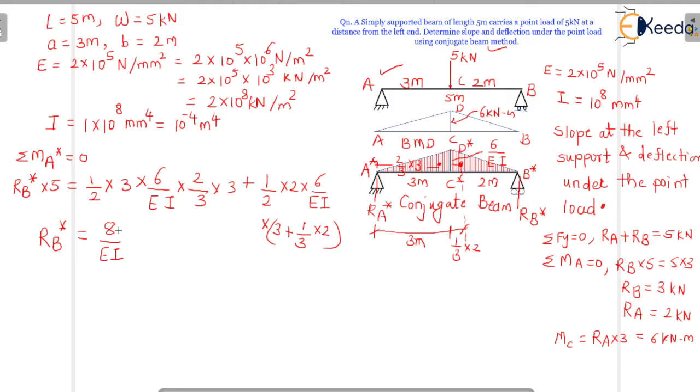So when we do summation of forces in y direction, summation of forces in y direction is 0. So we write RA star plus RB star is equal to area of these two triangles, right? That is the total load acting, no? So we will write area of this triangle is nothing but half of 3 into 6 by EI plus 1 by 2 into 2 into 6 by EI.